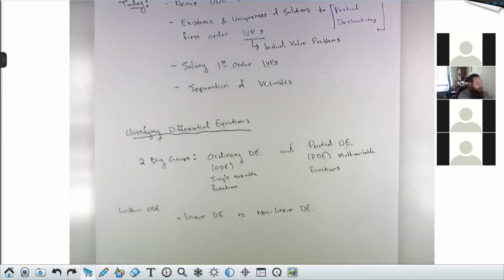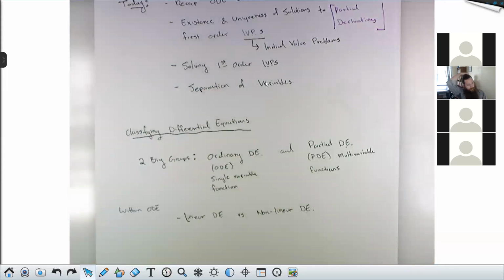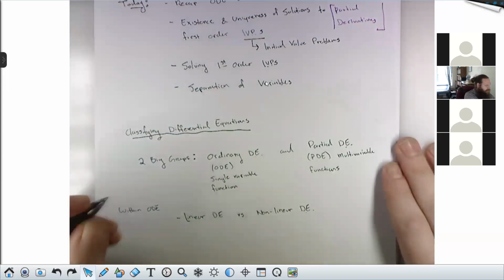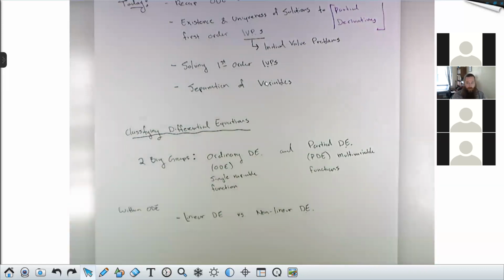Linear differential equations, like we said last time, are much easier to solve than nonlinear differential equations. And remember what linearity in this context means. Linear means linear in terms of the variables y, y prime, y double prime. So you can have x cubed, you can have e to the x, you can have natural log of x. You just can't have e to the y or y cubed or the square root of y.